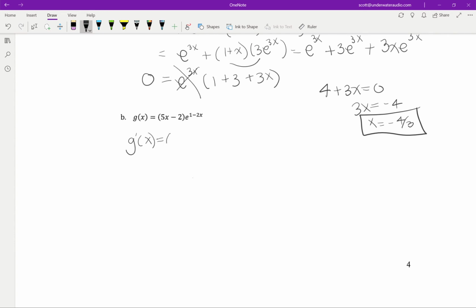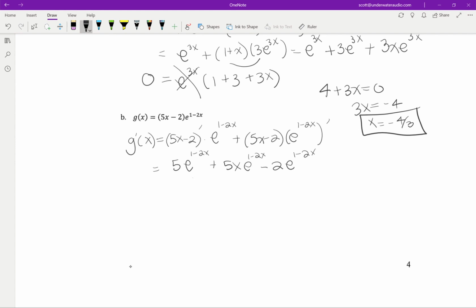So I would do the derivative of the first times the second, and then plus the first times the derivative of the second. So derivative of 5x minus 2, that's just 5. 5e to the 1 minus 2x plus 5x e to the 1 minus 2x minus 2e to the 1 minus 2x.